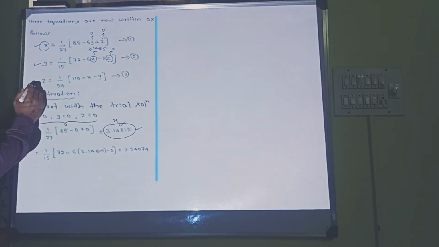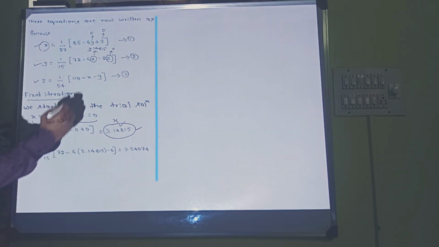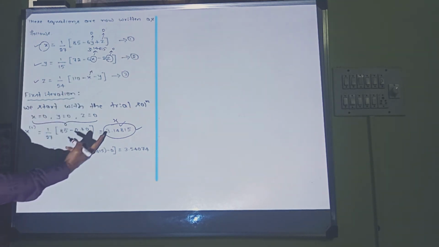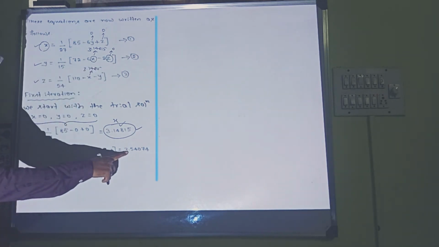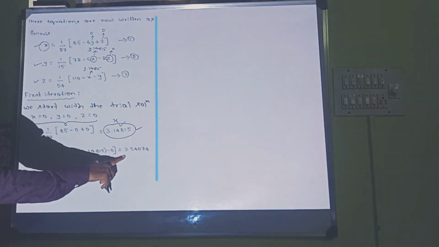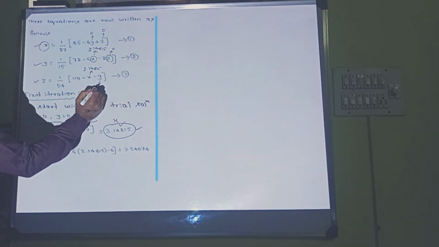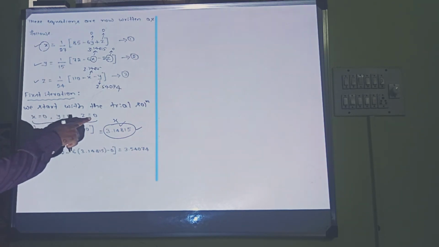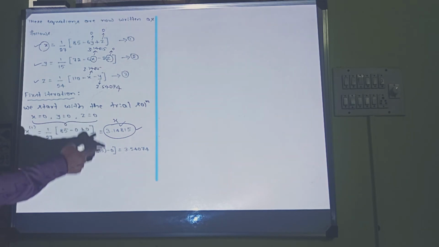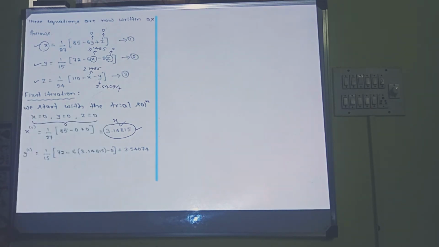Then when you go for z, x is improved, which is this 3.14815. y is also improved. We take in the place of y the new value 3.54074. Initially the values were 0, 0, 0. Now we are getting new values for x, y, z.